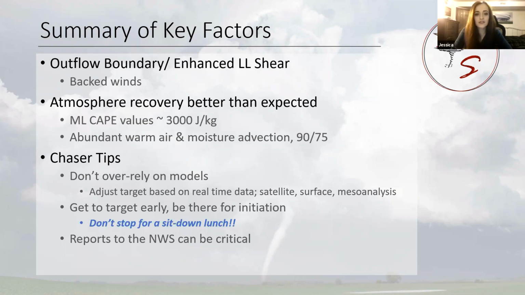That surface analysis is so huge, because so much of what's needed for tornadoes to form is in the mesoscale and microscale. A lot of that you just can't know until sometimes a few hours before a storm develops.